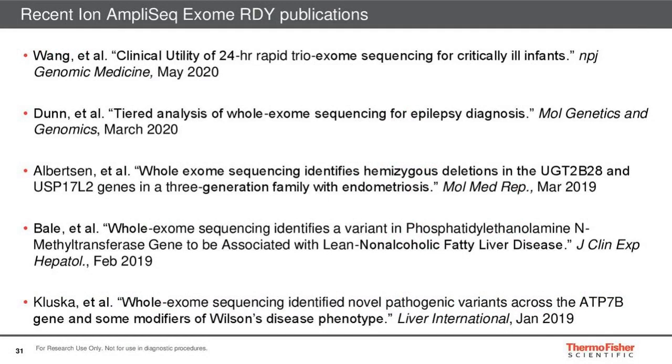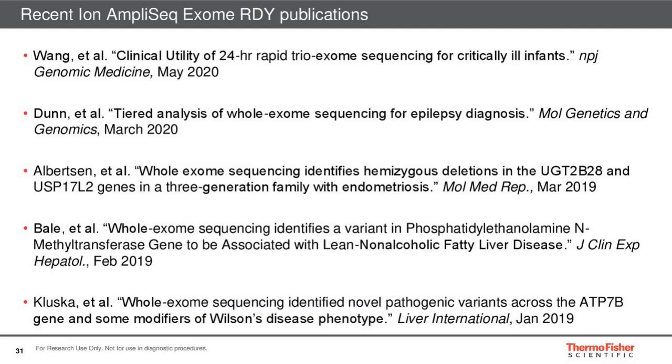And to close out, I'd like to highlight some recent publications that have come out in the past year and a half that have used the Ion AmpliSeq exome. The one at the top is a very interesting use case for the Ion AmpliSeq workflow. Researchers at Fudan Children's Hospital utilized the AmpliSeq exome to perform rapid trio analyses for critically ill infants, optimizing their workflow to get results in 24 hours.